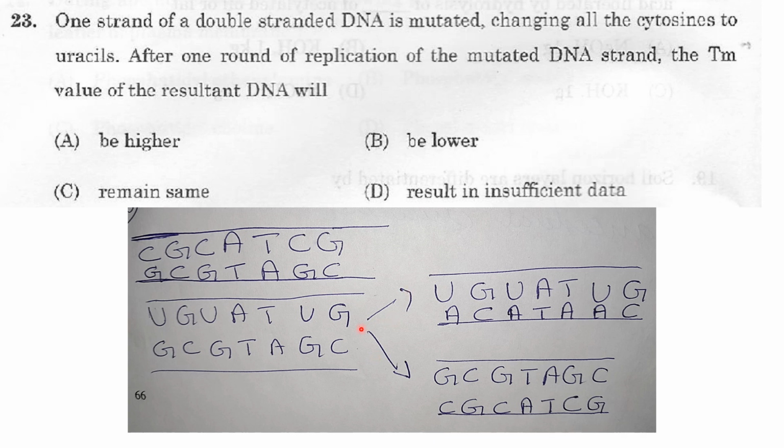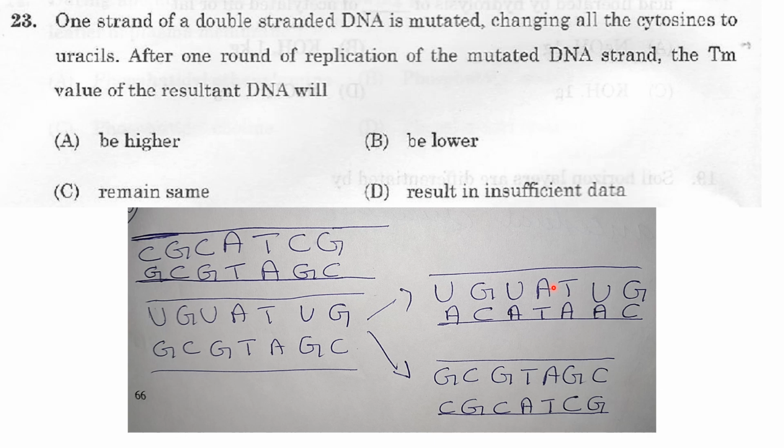Now upon replication, this mutated strand will give rise to the next strand that is complementary in base pairing to this. So wherever U comes, it will be an A, and the other strand will give rise to the same strand as before because it is not mutated. Now they have asked, after one round of replication of the mutated DNA strand, what will be the Tm?